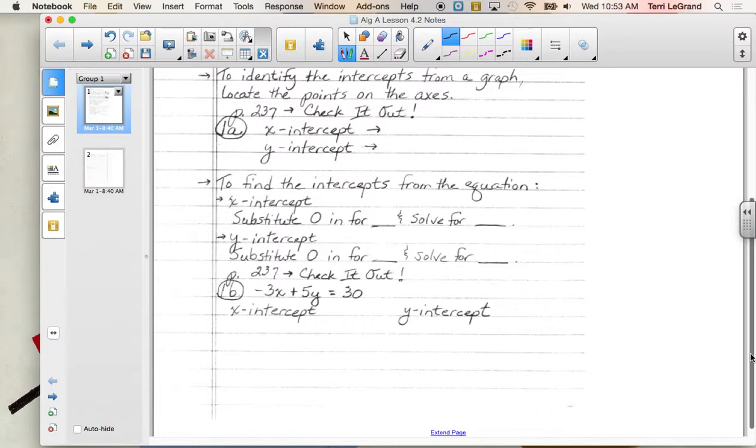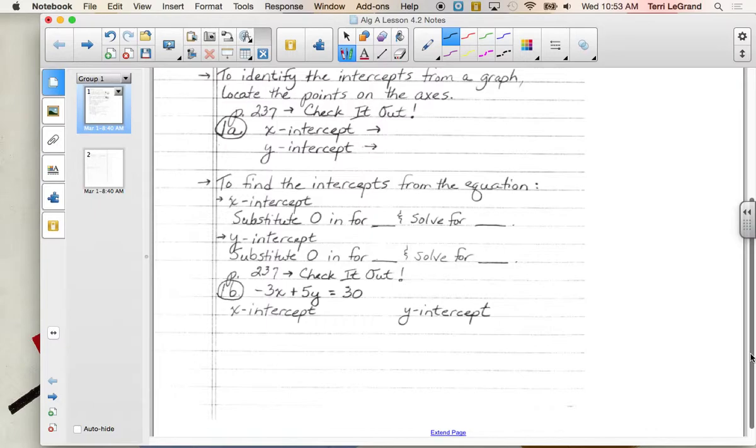It says find the x and the y intercepts. Okay, let's again remember, x-intercept means the x value of the point where y is equal to 0, or in other words, the x value of the point that sits on the x-axis. The y-intercept means the y value of the point where x is equal to 0, or in other words, the y-intercept is the point on the y-axis.